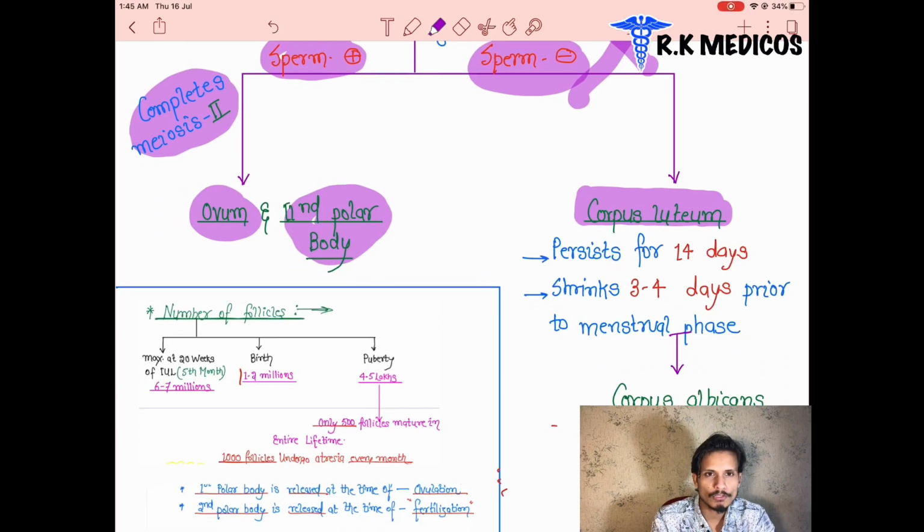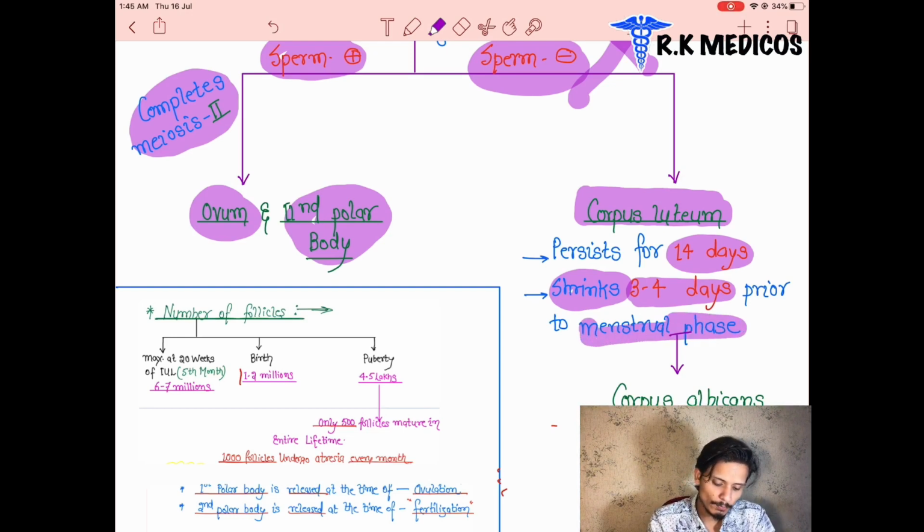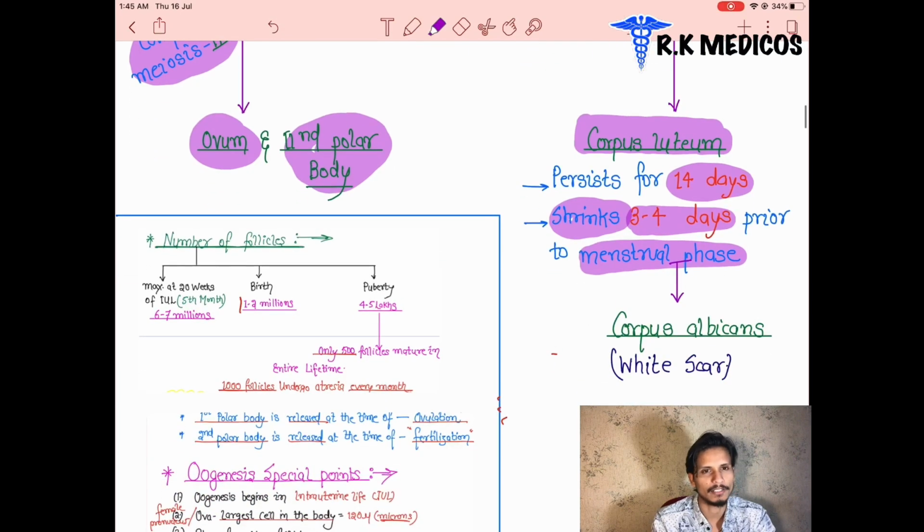They are present for 14 days, and after 14 days they shrink in shape and size. They degenerate and dissociate, and after 3 to 4 days of that degeneration, just prior to the menstrual phase, they get shed during the menstrual phase, forming a corpus albicans in that area, which is a white scar lesion.